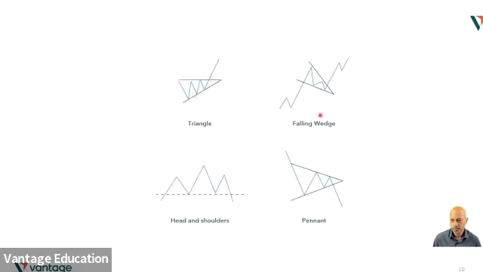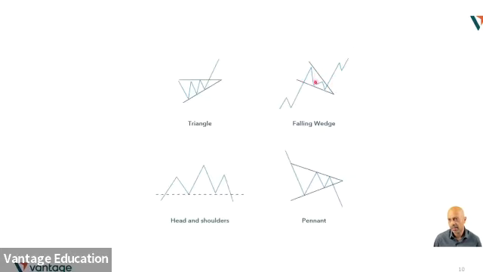And similarly, this type of chart pattern is a falling wedge. In a falling wedge, you see price compressing once again. Some would also call this a pennant. As price descends lower and compresses, when it breaks the upper trend line, it usually functions as further bullish momentum.